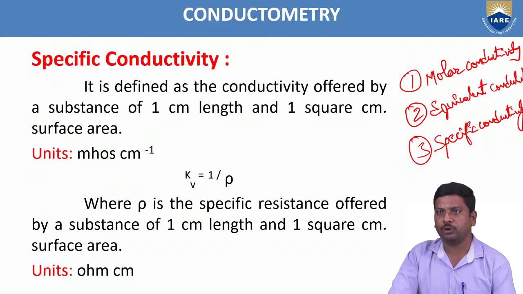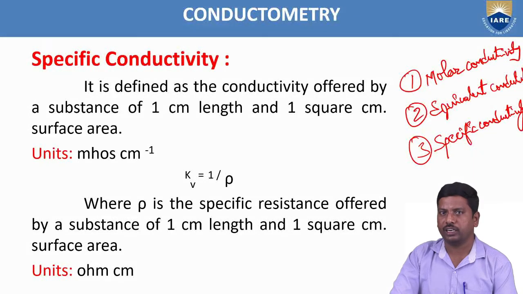First, molar conductivity. Molar conductivity is defined with the number of gram moles of the solute present in 1 liter of the solution, nothing but the molarity. That means the conductivity offered by a solution containing 1 gram mole of the substance is the molar conductivity. What is equivalent conductivity? The conductivity offered by a solution having 1 gram equivalent of the substance.